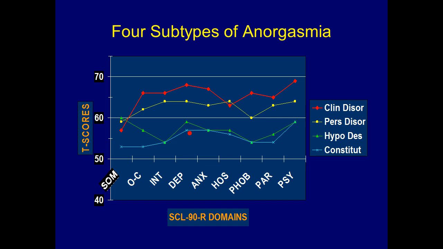And the final powder blue profile were women that we labeled constitutional because we could find no problem for them. It was their nature, basically, to have difficulty achieving orgasm. So this was, I thought, very interesting and helped break away from the monolithic diagnosis of anorgasmia, which was only one small part of what was going on.